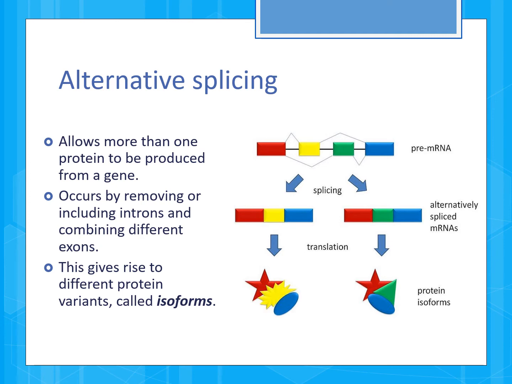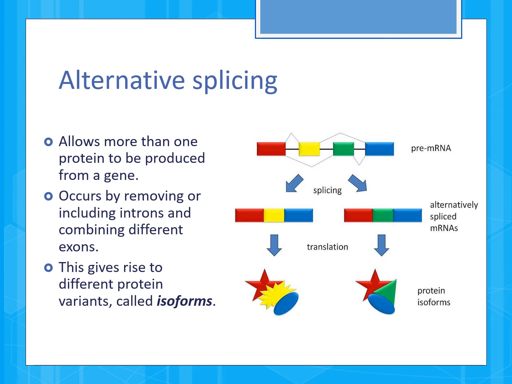After transcription, those non-coding introns are spliced out, and it's that condensed mature mRNA that moves out of the nucleus. So the way in which the introns are cut out and how the exons are combined influences ultimately the protein sequence.